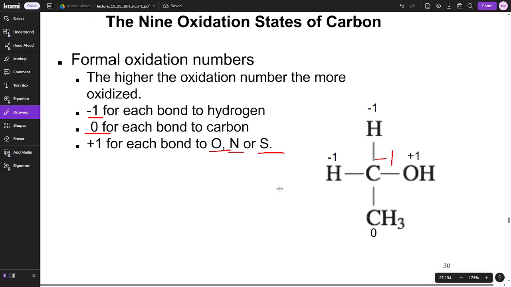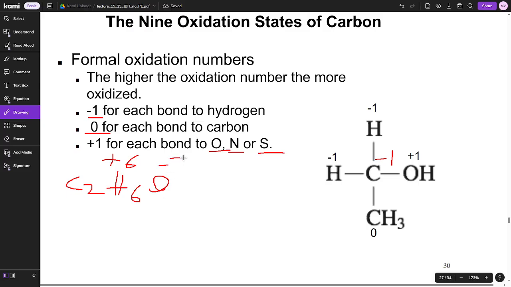And the other way you can do this is using my method here, which is C2H6O. I think I did this right: 1 2 3 4 5 6 hydrogens, 1 2 carbons. So these hydrogens are +1 each, plus 6.